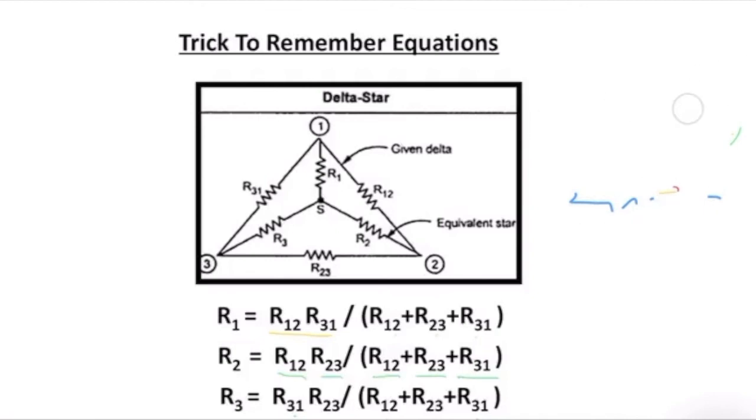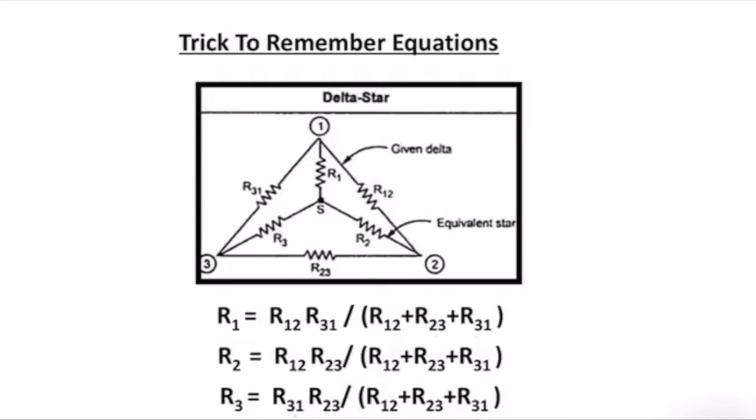Okay, this is actually helpful for numericals as well as for derivations. For a derivation, you can easily cross verify whether your final result is correct or not. Or while solving a numerical, you can very first calculate the different values of the star elements when you have the values of the delta elements.